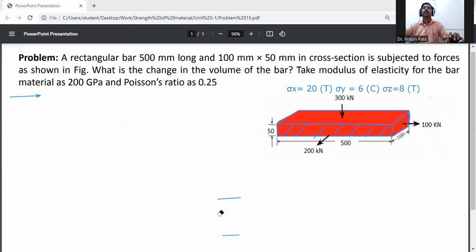First, strain in x direction: Ex is equal to sigma x by E, then minus mu sigma y by E. Actually, in y direction it is compression, so compression will be taken positive.